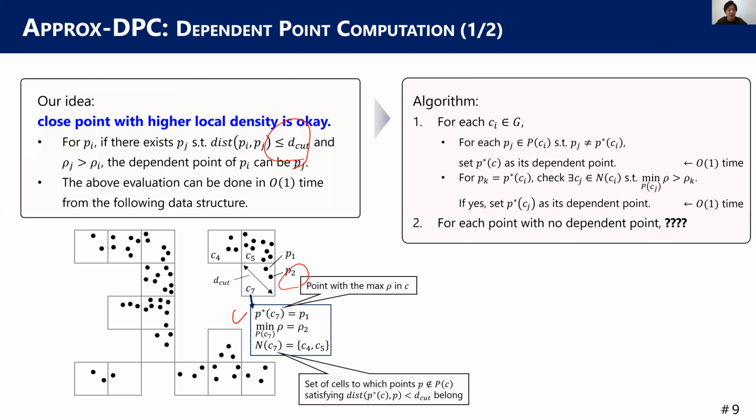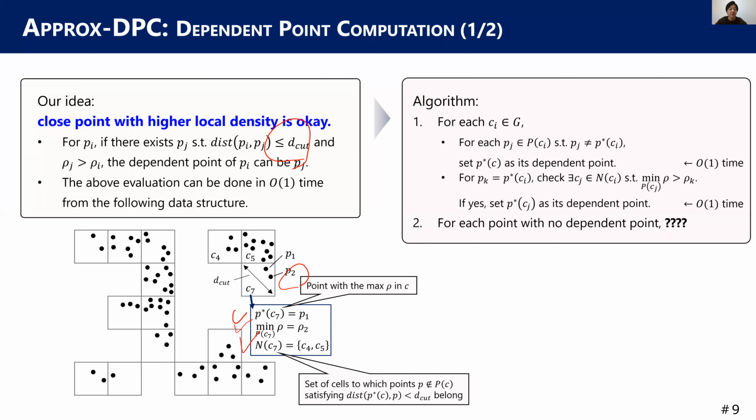Moreover, each cell maintains the minimum local density in this cell, and a set of cells to which points not in this cell satisfying distance less than d cut belong. For P star, if there exists a cell whose minimum local density is higher than the local density of P star, its dependent point can be obtained in constant time.